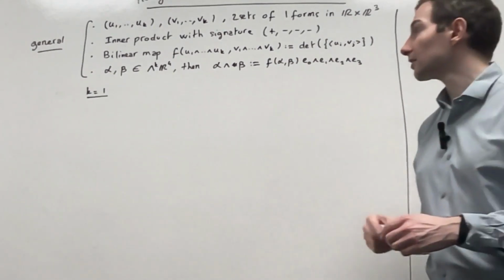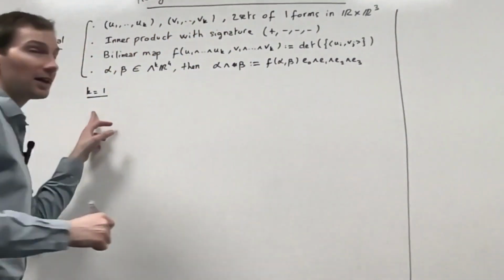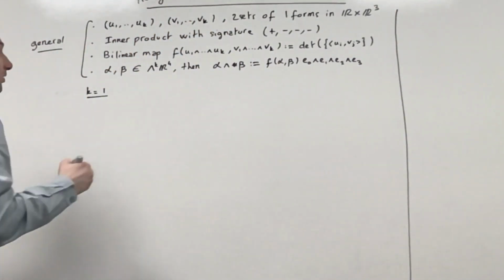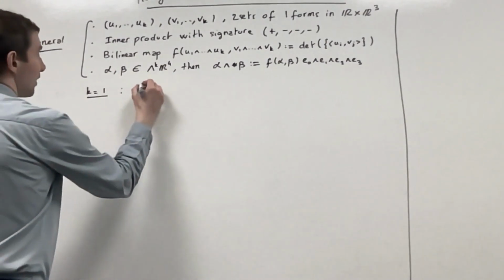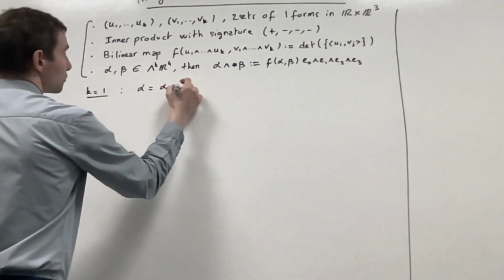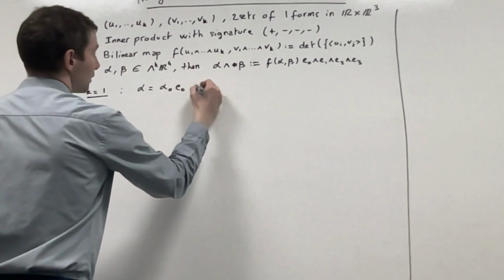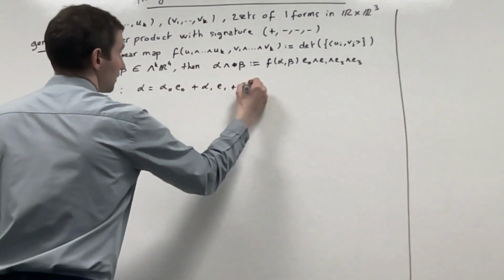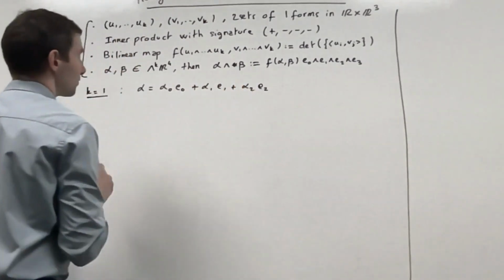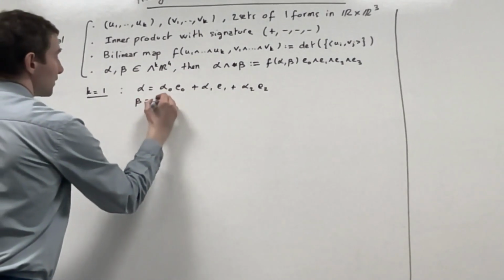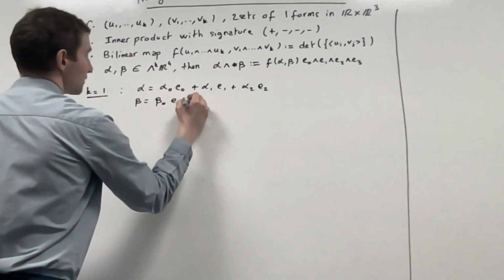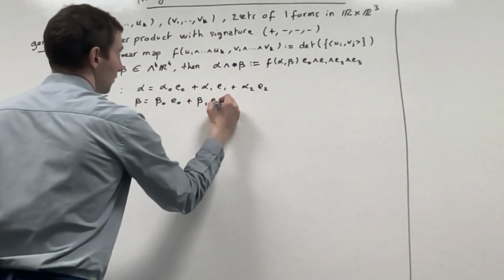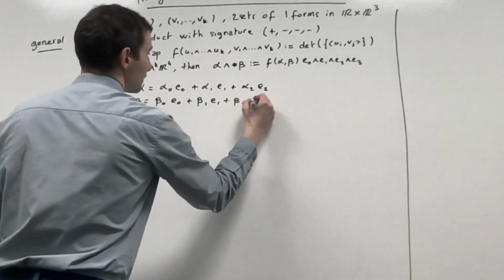So let's move on then. We've got k equal to 1. So what that means is that alpha is going to be equal to alpha 0 E0 plus alpha 1 E1 plus alpha 2 E2. Likewise, beta is beta 0 E0 plus beta 1 E1 plus beta 2 E2.